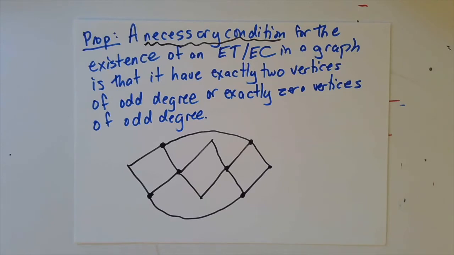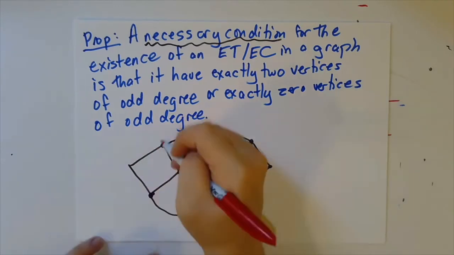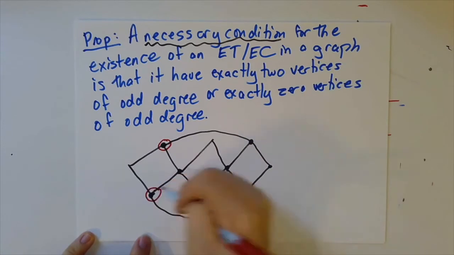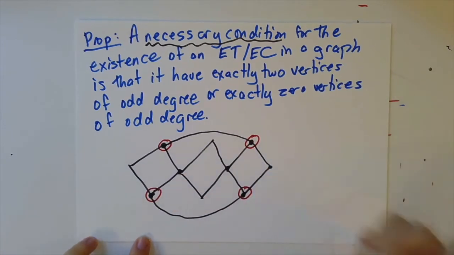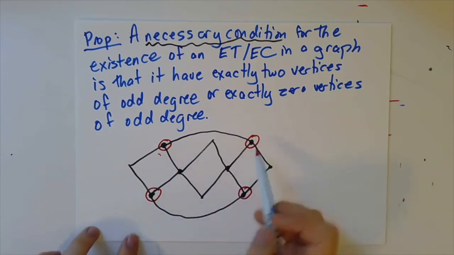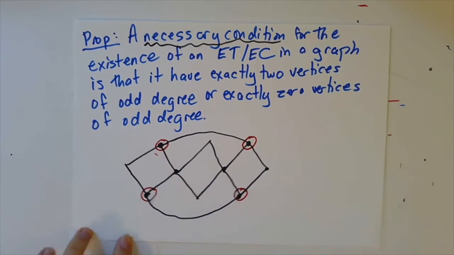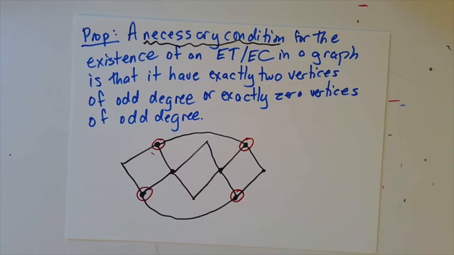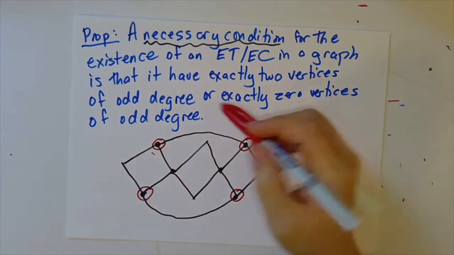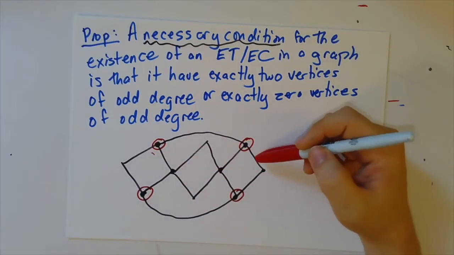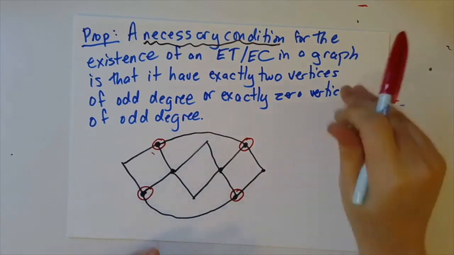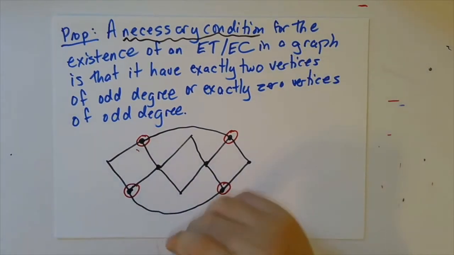And the answer is no, because this graph has 4 vertices of odd degree. So all 4 of these vertices would have to be either the start or end point, and I don't get that many start and end points.